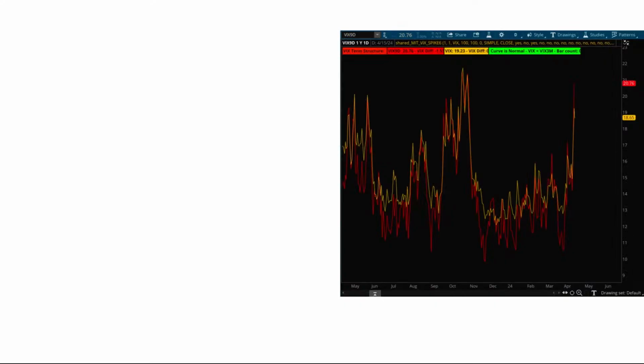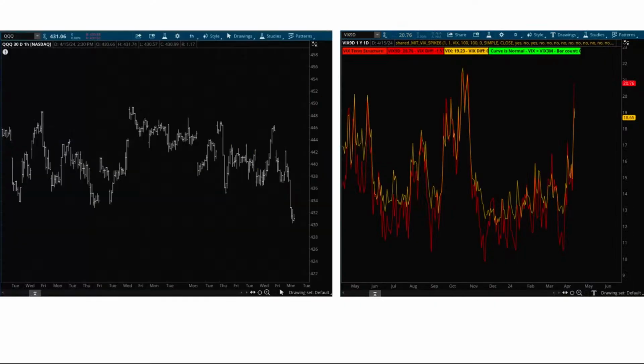If we put them next to each other, what you'll notice is we take out the line in the sand pretty much or darn close to the same time that that VIX 9D takes out the high of 2024. This is a very bearish move, and it's coupled with world news.